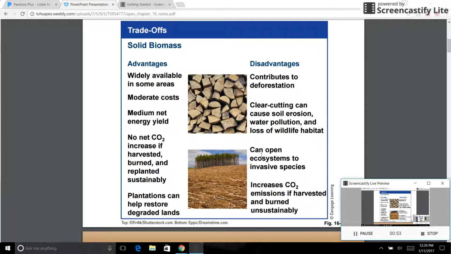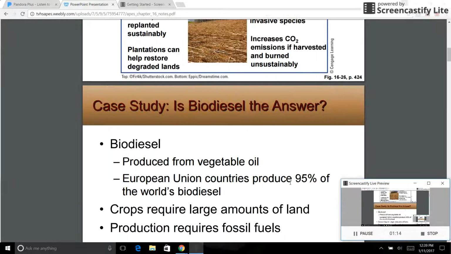And then you obviously have some of these other issues as well, but in particular, the CO2 emissions, the combination of burning the biomass, releasing CO2, and then removing the trees, which are a source of actually absorbing carbon dioxide. It's kind of two negative things happening there.